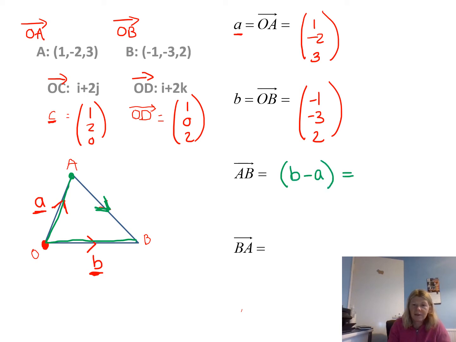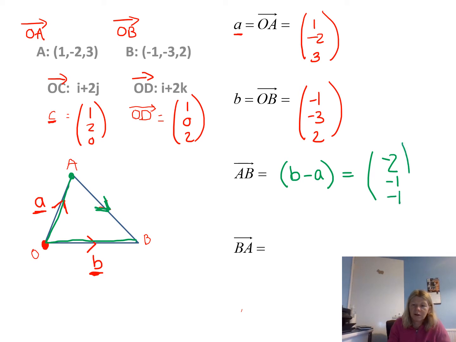And if you work that out, B take A: minus 1 take 1, that's minus 2. Minus 3 take negative 2, so that's add 2, which is minus 1. And 2 take 3 is minus 1.